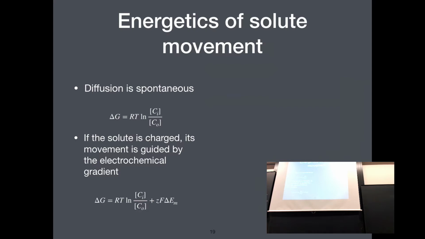Okay. Yes? Where is the minus coming from? Which minus? So this minus, it depends if you consider Ci over Co and if delta G is measuring the energy that it takes to go in or out.